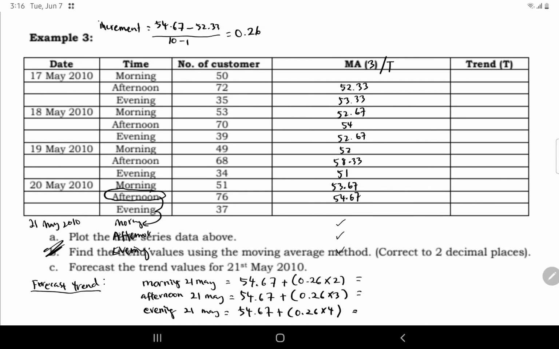So our trend value for morning 21 May is 55.2, and then for afternoon 21 May is 55.46, and for evening 21 May is 55.72. Okay.